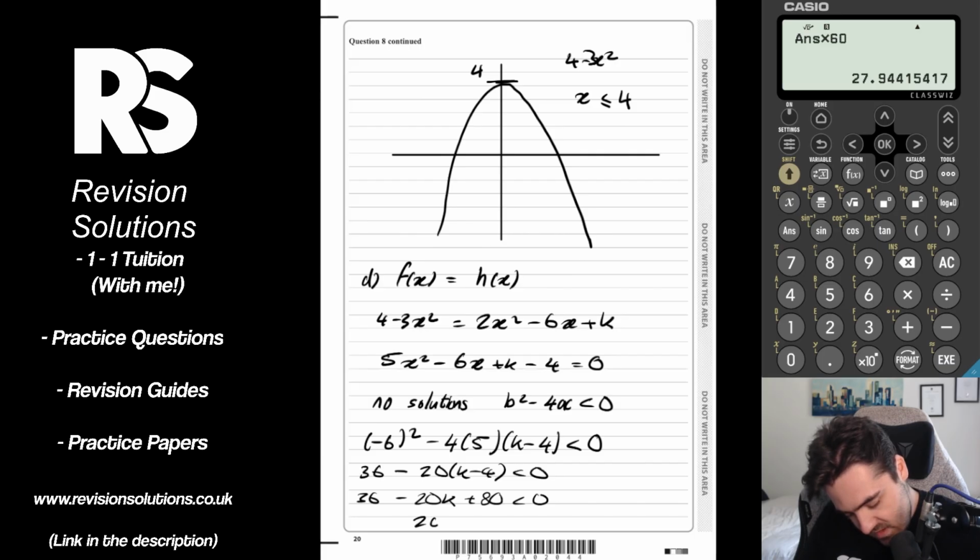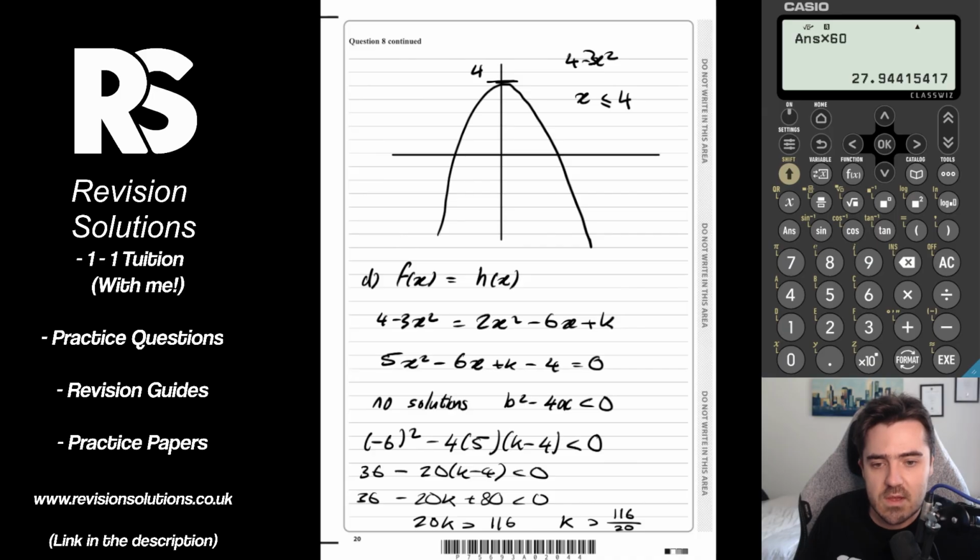Then 20k would be greater than 36 plus 80, which is 116. Then k is greater than 116 over 20.